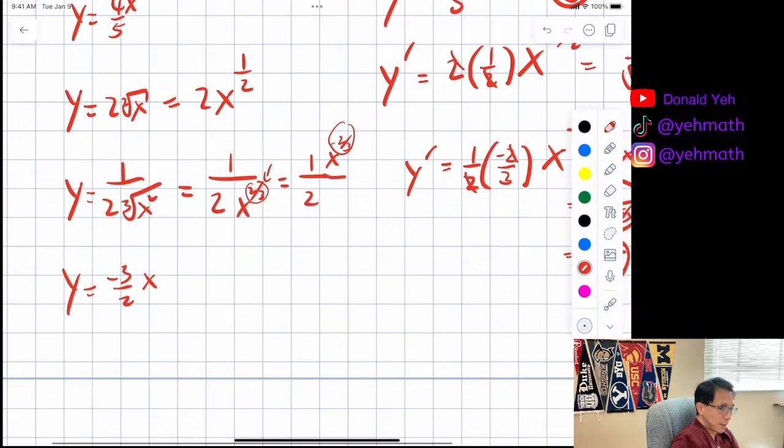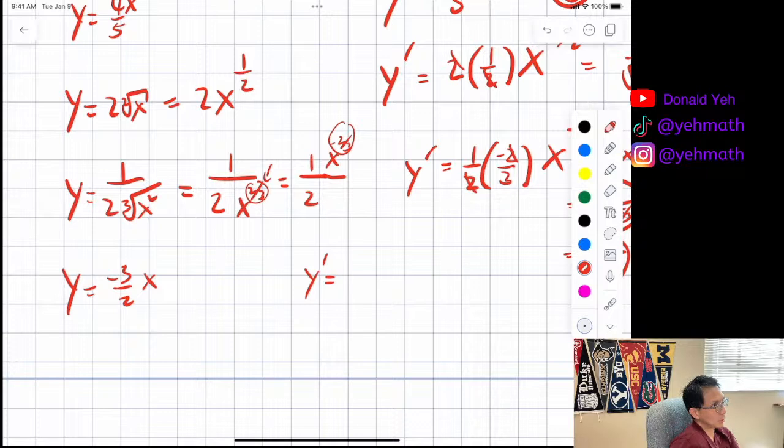Now let's take a derivative of this one. What's the derivative of this one? This one's actually very easy. What's the derivative of negative 3 over 2 x? Corbin? You can take out the negative 3 over 2, and then it would be negative 3 over 2 times 1 times x to the 0. What's x to the 0?